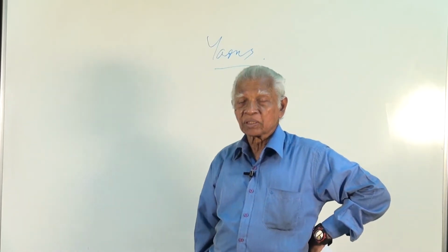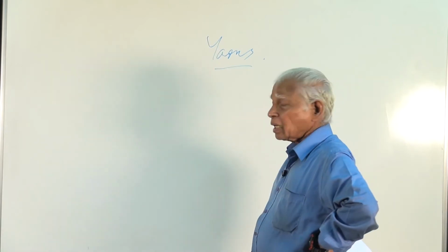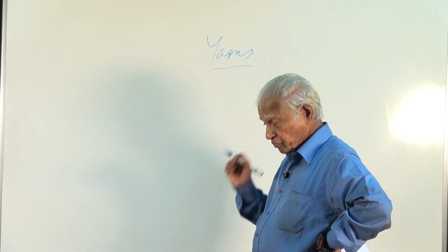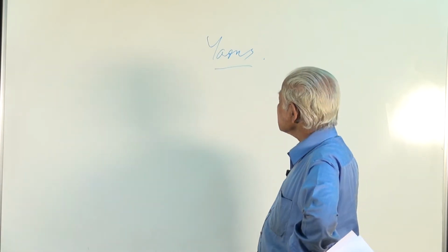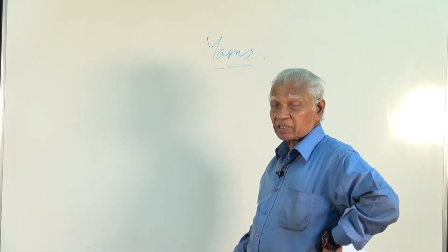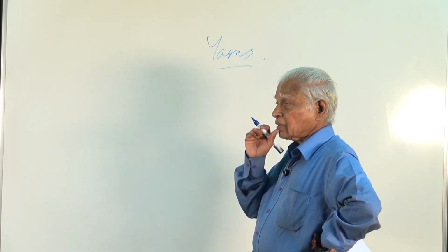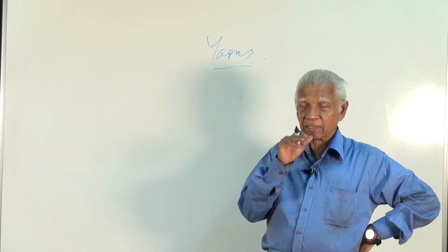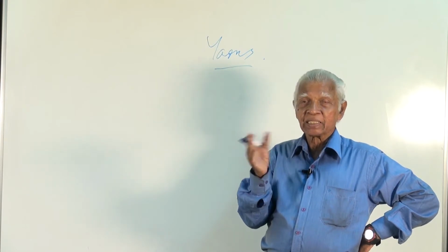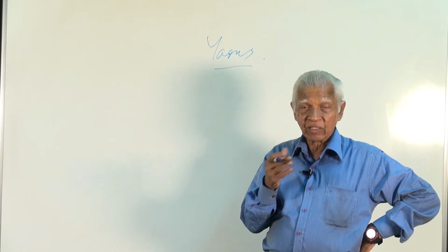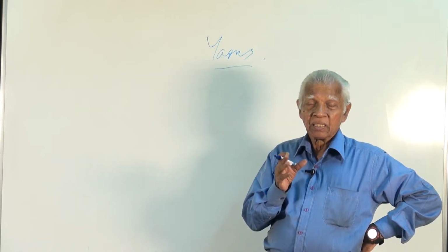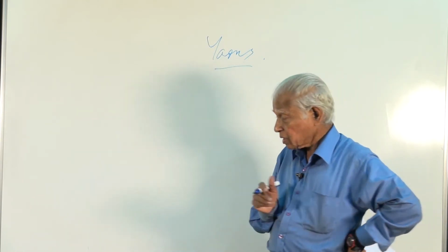Let us talk about yarn and how it is made. We have already discussed the properties of the fibers from which the yarns are made, let us say cotton or polyester, or blends of polyester and cotton. Now, when we talk about yarns, there are so many types of yarns.